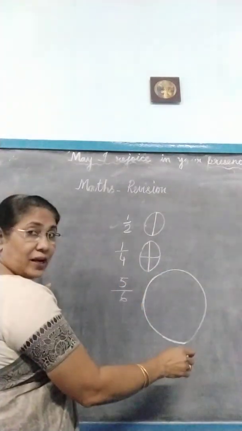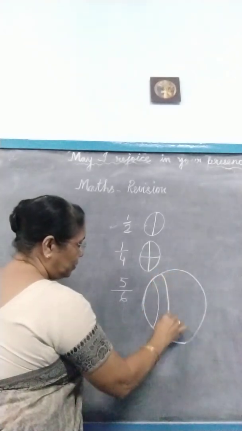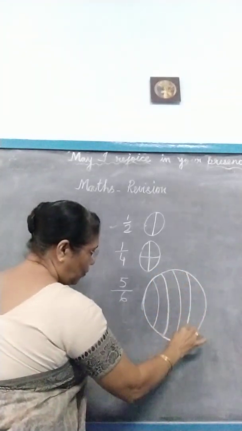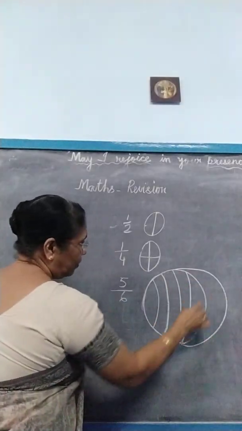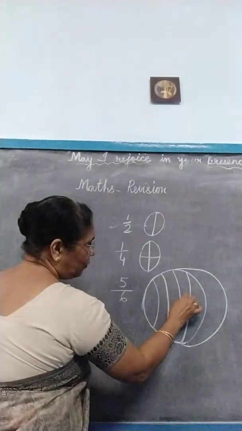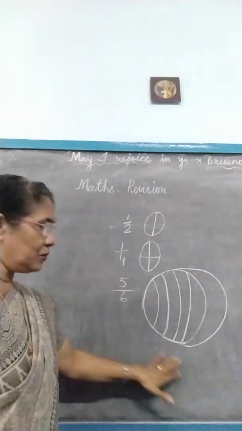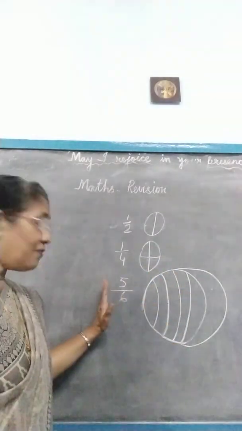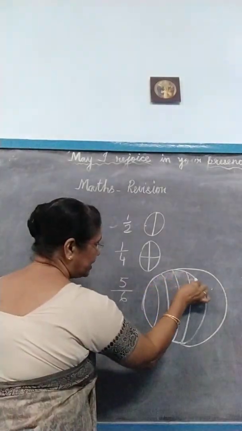Now I am going to divide this into parts: 1, 2, 3, 4, 5 plus 1 is 6. So this is now divided into 6 parts. Out of this 6, I am going to shade 5 parts. So how do you do that? Yes, you shade this whole thing.